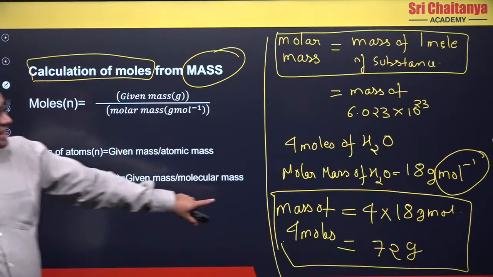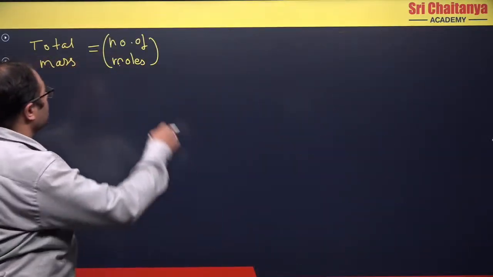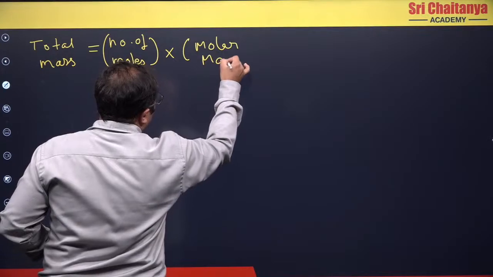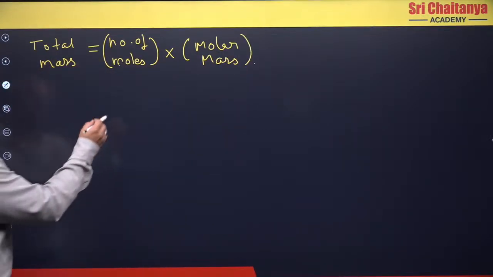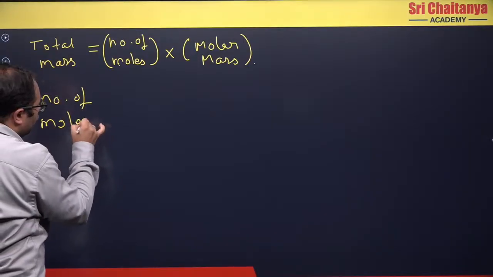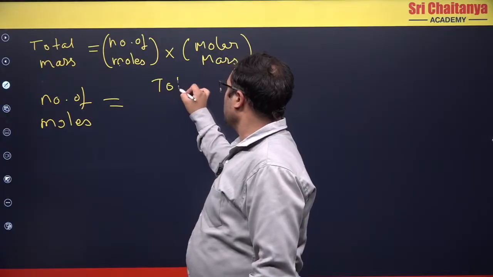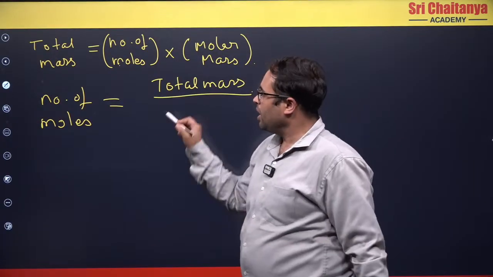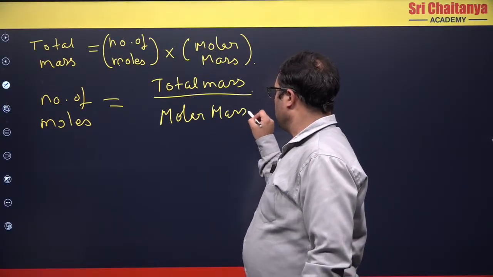You multiply that with what? This was molar mass. Right? So from this, can we get the formula of number of moles? Yes, we can. Number of moles will be, take this to that side, you will get again your total mass by molar mass.